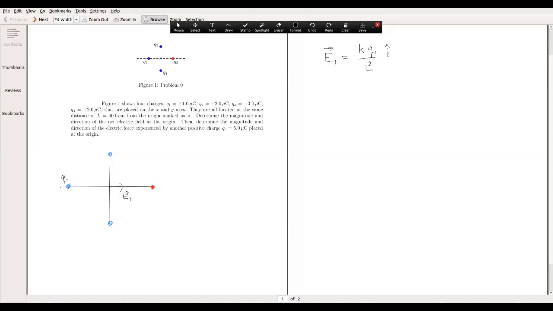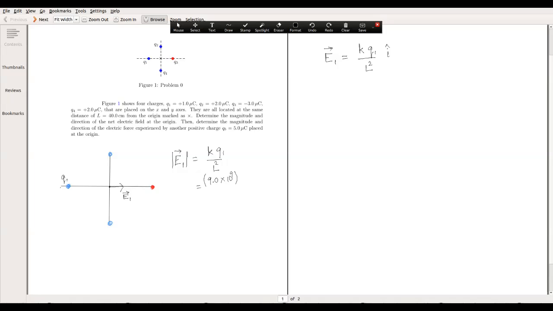Let me begin by calculating that number right away here. So magnitude of E1 is K times Q1 over the distance between the observation point and the charge Q1 squared, and that's equal to 9.0 times 10 raised to 9.